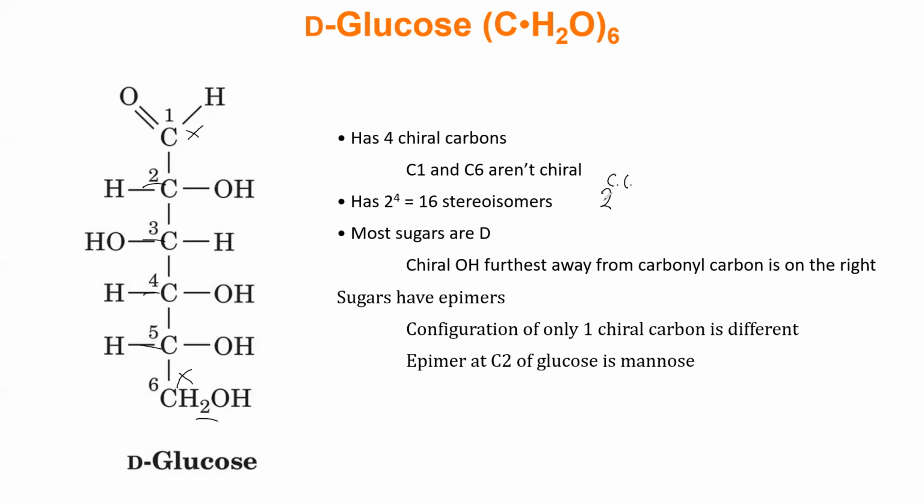The 2 is because there are only 2 directions: you can either have the OH on the right or the OH on the left. So just raise 2 to the power of the number of chiral carbons. Glucose has 16 different stereoisomers. You can make 16 different forms of this sugar based on how you set the chirality of these carbons.